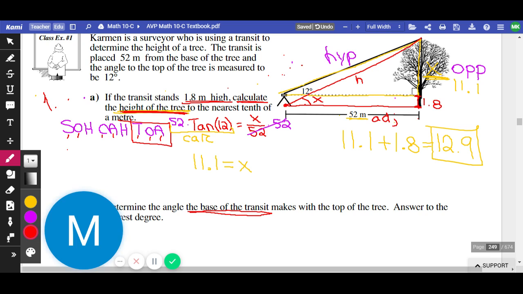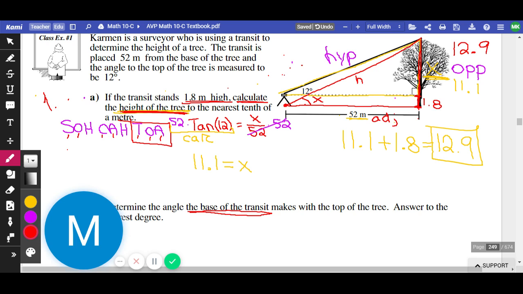Right now I'm actually drawing this triangle all the way from the bottom to all the way to the top. You have to use your answer in part A to be able to do part B. This entire side length, the height of the tree, we just calculated is 12.9. Right, that's the whole height of the tree.